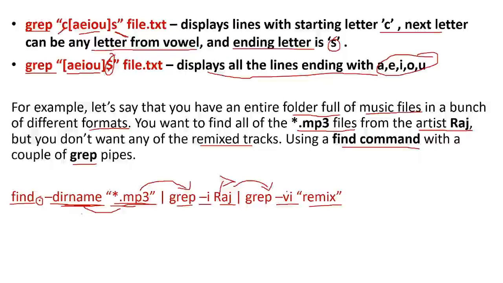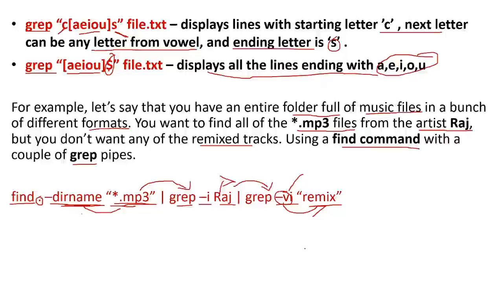We have already seen -v is used for not matching. So whichever lines are not matching with remix, it is going to display those lines, and -i is used for capital or small letters.